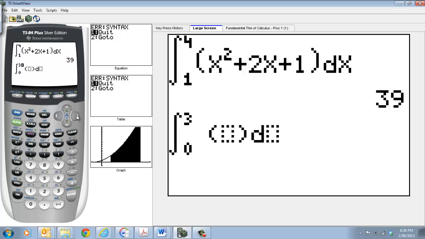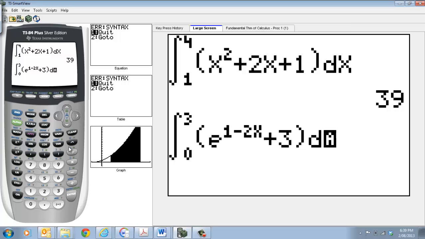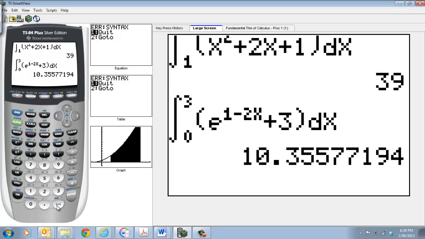Now, if your calculator doesn't have this operating system on it, it's the same thing, you're just using commas instead. So my function was e to the power of 1 take 2x, and then that was plus 3, and then it's a function of x. Alright, so when I do that, I get 10.34, which is exactly what we get.